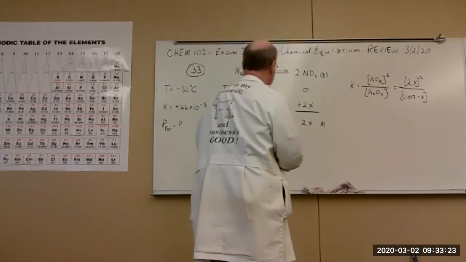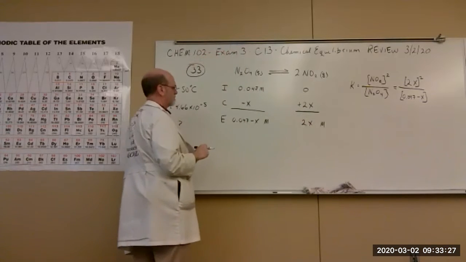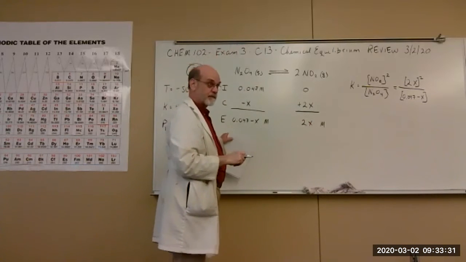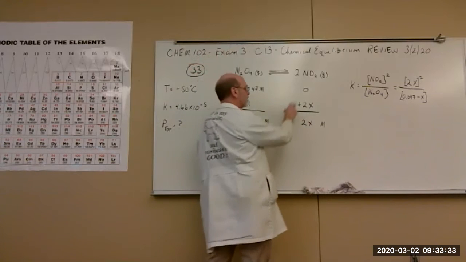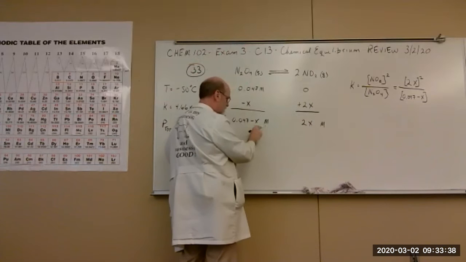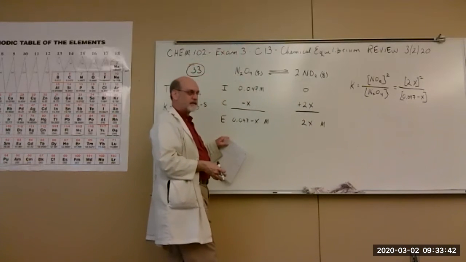Well, let's look at it this way. What is the K value? K is extremely small, right? Which means very little of this is going to be produced. That means x is vanishingly small. Right?